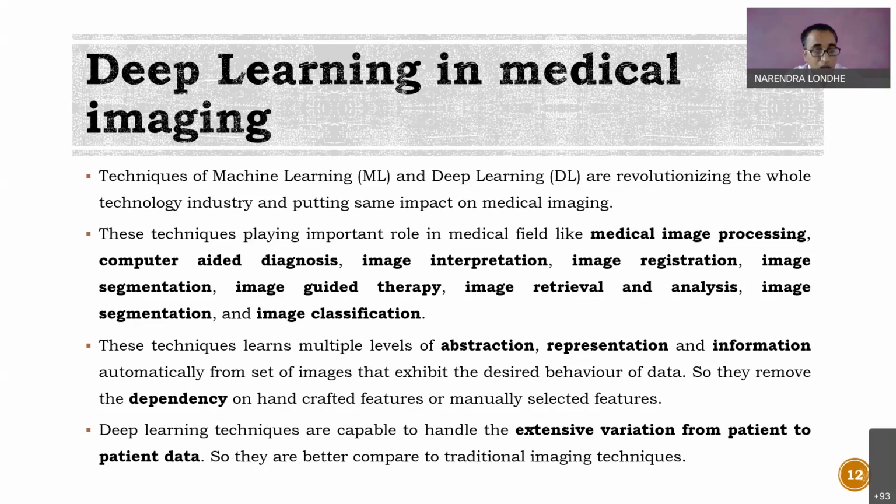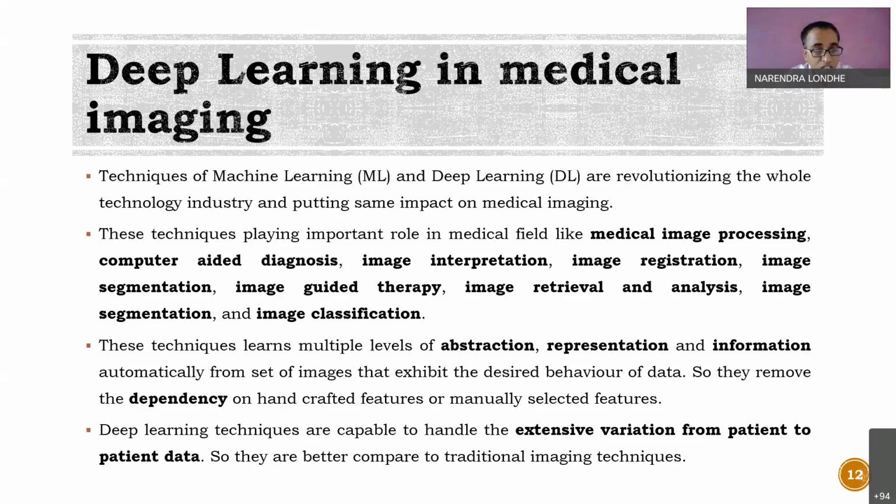Earlier we used to call it machine learning. Now we call it deep learning. Machine learning was a generalized name earlier, that yes, you are going to make your machine learn. But now the era has come where we are going to make our machine learn in a deeper sense.